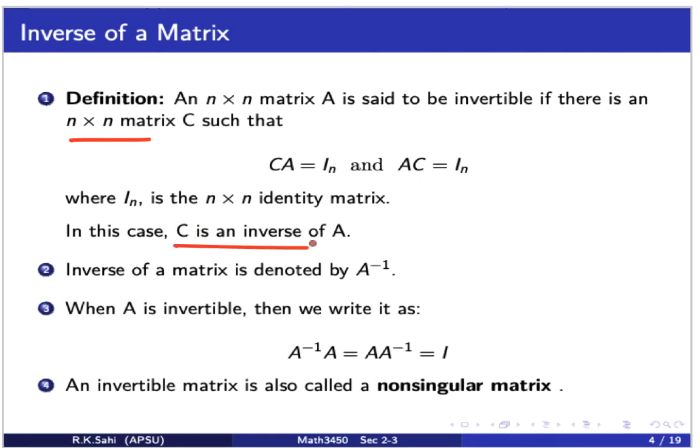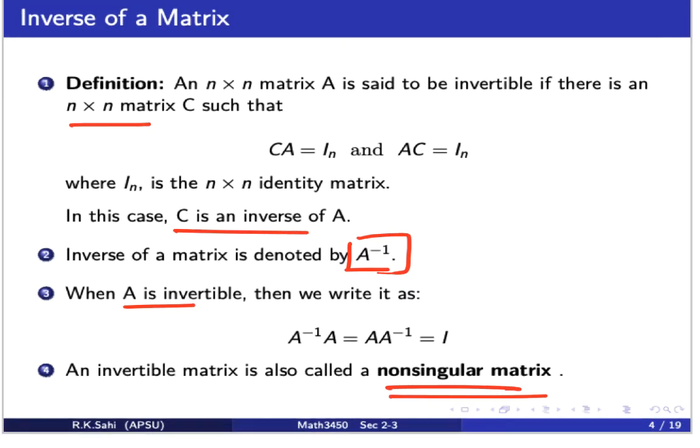We call C the inverse, and we use the notation A inverse. When A is invertible, we write A inverse times A equals identity. Another name for an invertible matrix is a non-singular matrix.